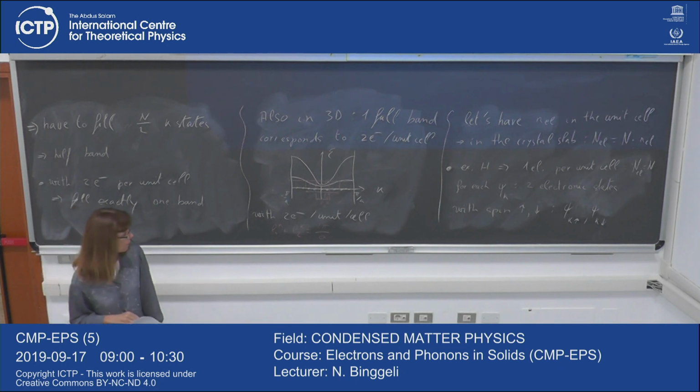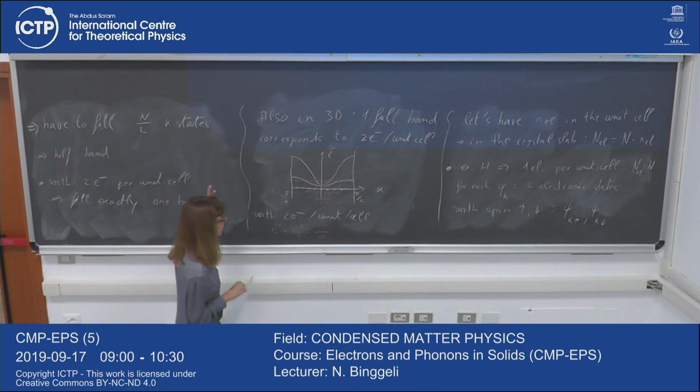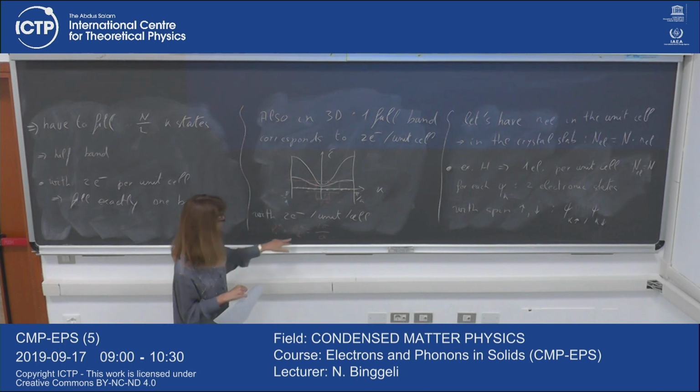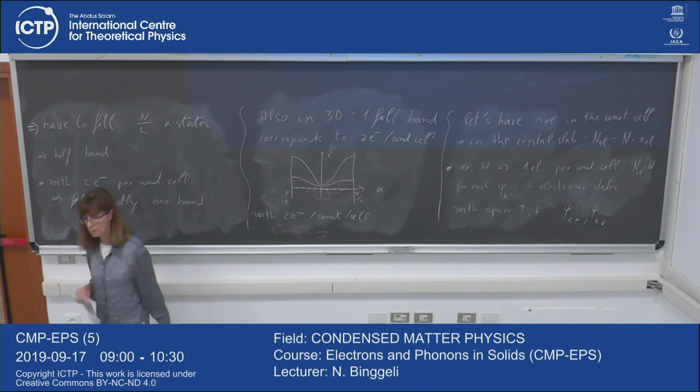Okay? So what counts is the projection in K-space of the filled part of the bands, which must exactly amount to the length of the Brillouin zone.